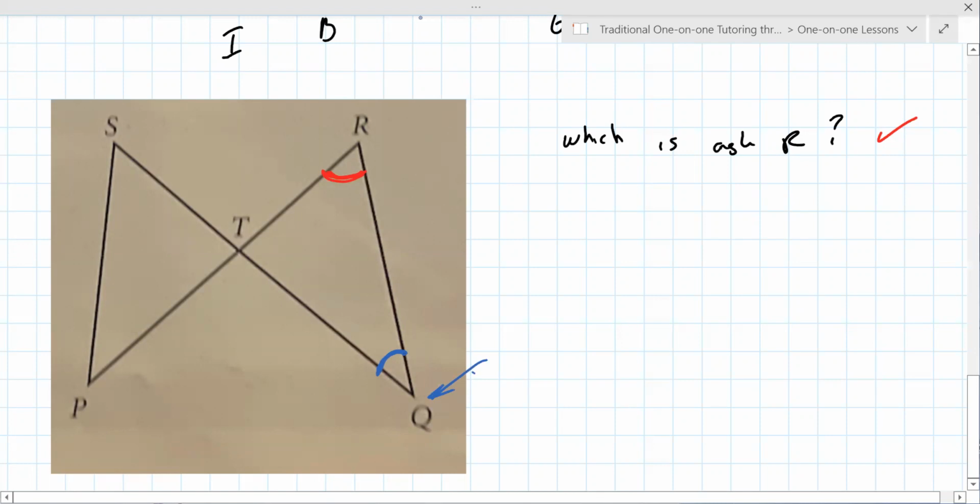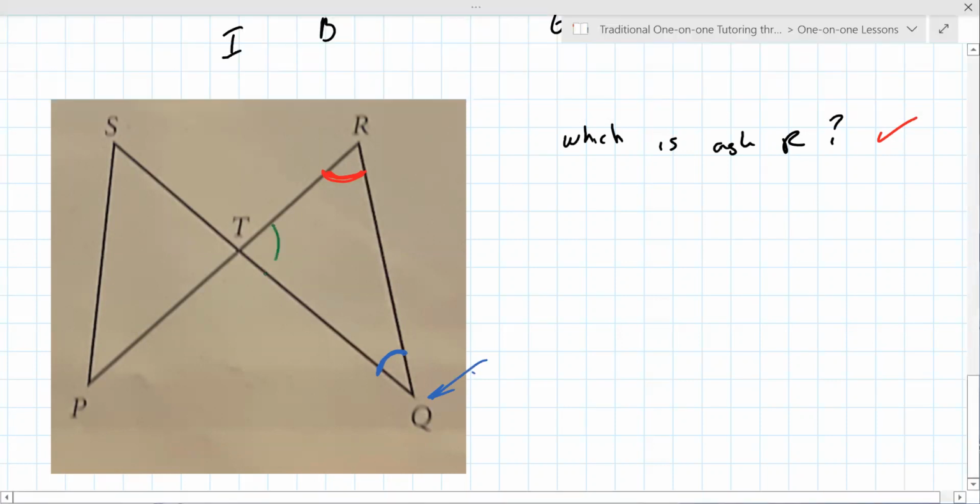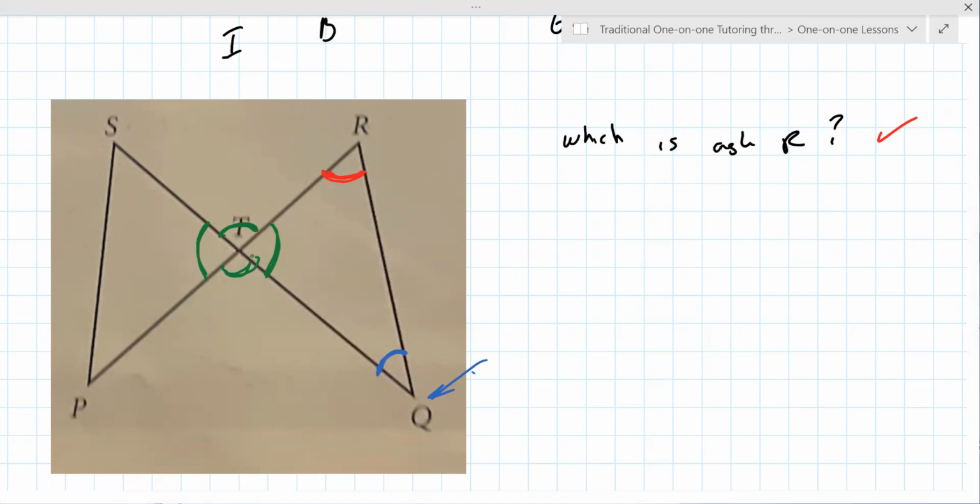Okay. But let's say I asked you about angle T. Well, angle T could be this one, or this one, or even this one, or this one. Do you see the problem with that? Yeah, that's no good.